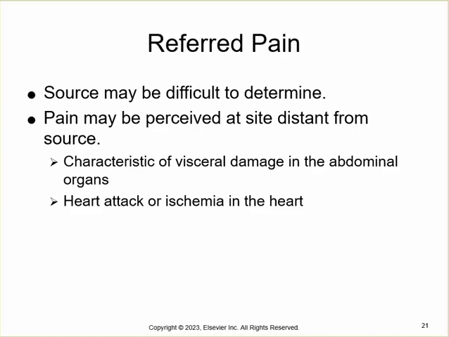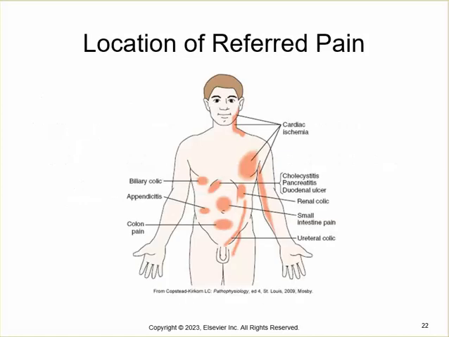And it's very typical of where the referred pain goes. So here's some of it here. Some of the pain is on the surface right above the problem. Some of it is in areas quite far away from the problem.